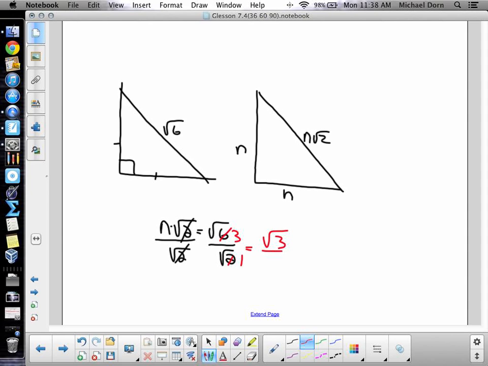Root 3 is just root 3, root 1 is just 1. Aha, n is root 3 over 1, or just root 3. That's how we solve that, by using the pattern triangle. You have to know your pattern triangle.